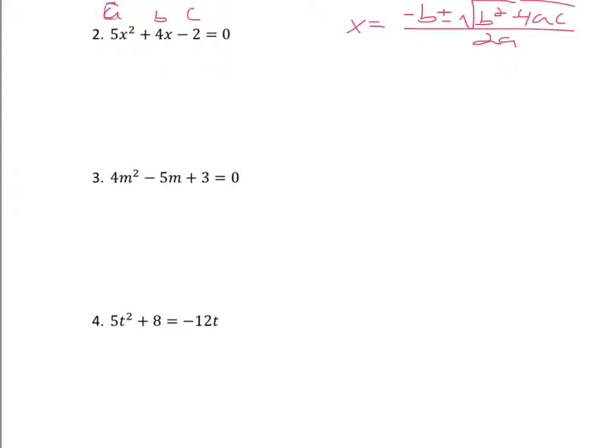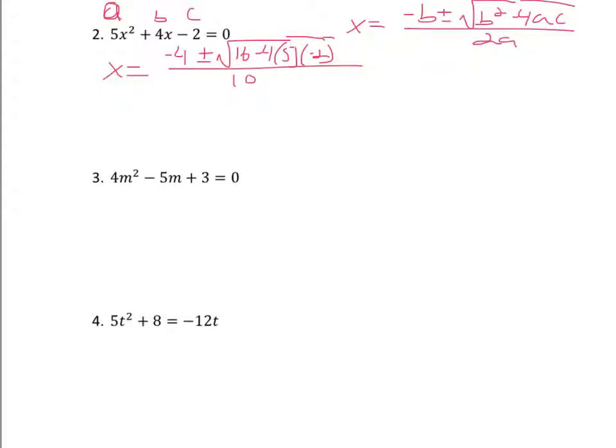Remember, you got to take the sign to the left of our numbers for our equation here. Okay, so x equals negative b, so negative 4, plus or minus the square root of b squared, which is 16, minus 4 times 5 for a times c, negative 2, all over 2 times a, which is 10.